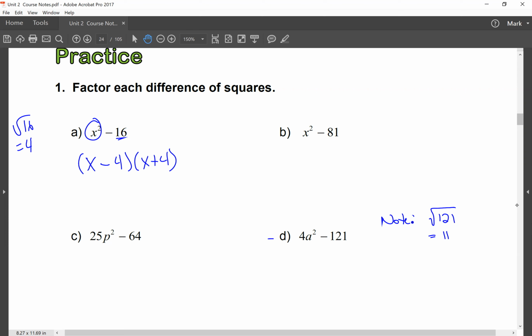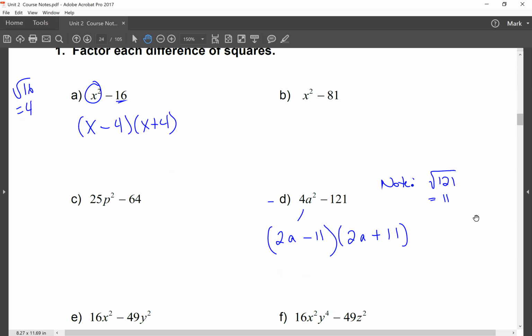If you're using your phone, it might not be as easy to find, but it is there. So D would be 2a minus 11 times 2a plus 11. The square root of 4 is 2. The square root of 121 is 11. So this would be 2a minus 11 and 2a plus 11.